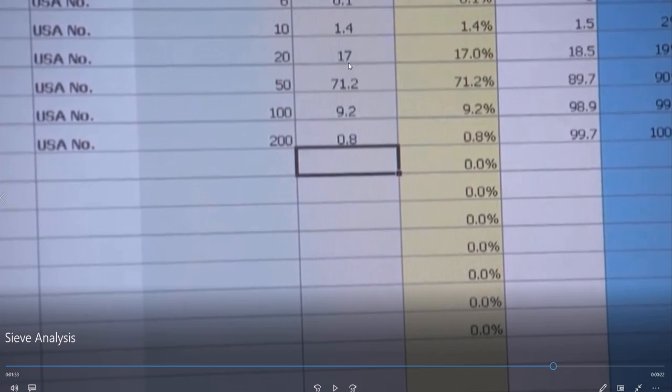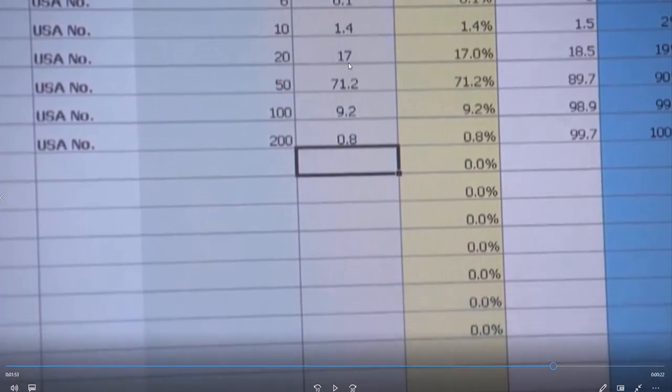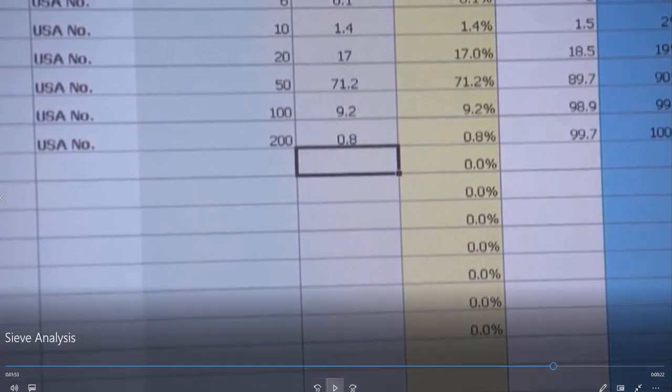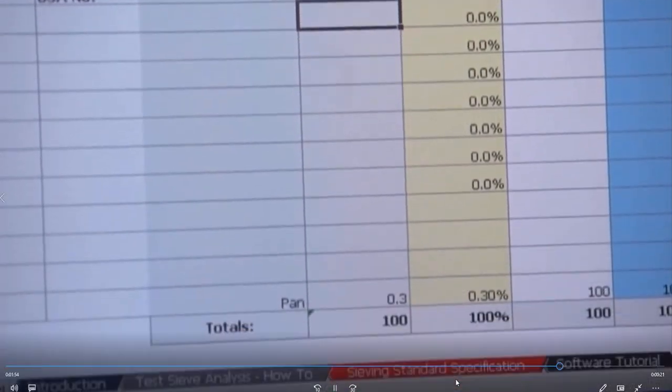Now this is important in size analysis. We will see later how we do size analysis, and it will allow us to classify powders according to their size in sieve analysis.